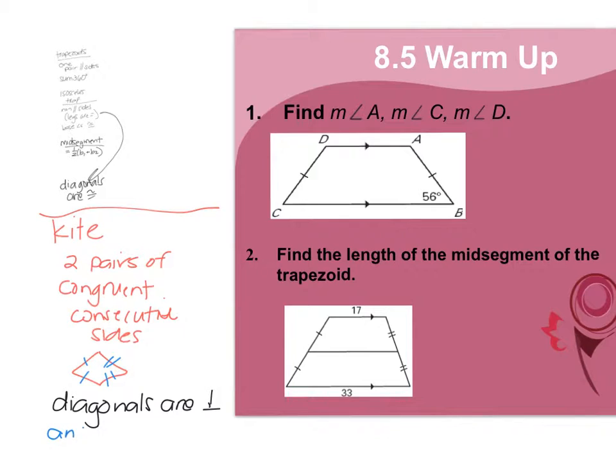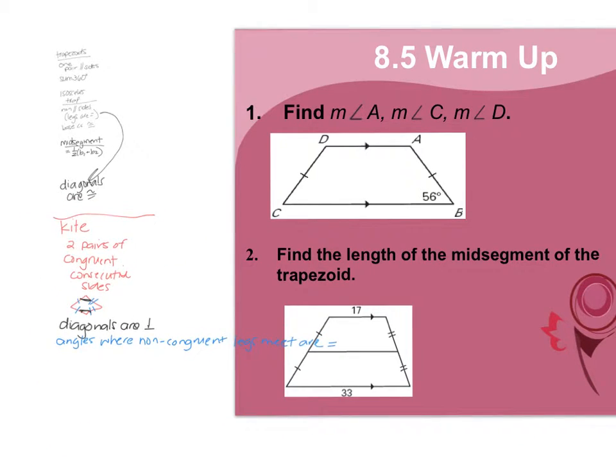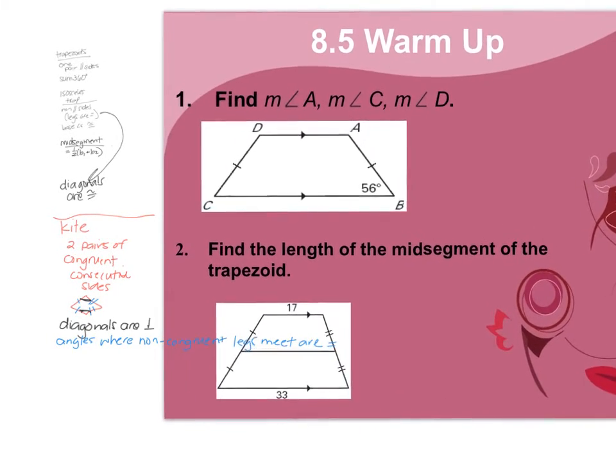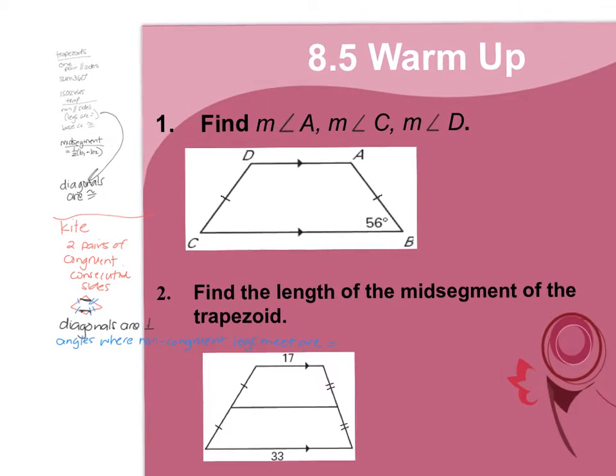So the angles where the non-congruent sides meet are equal. So this angle would equal this angle. Okay, so lots of properties to add to the list, obviously, okay? And today, the good thing is that this section kind of wraps them all up.